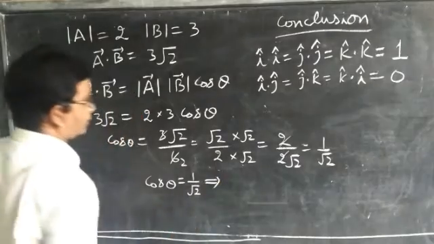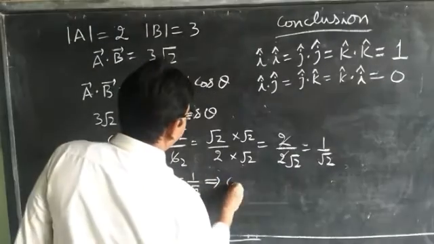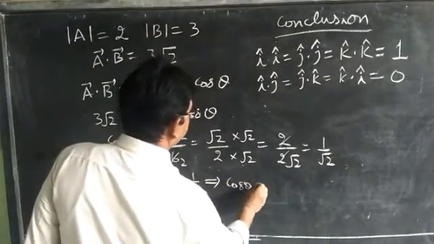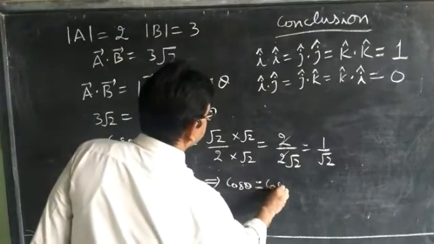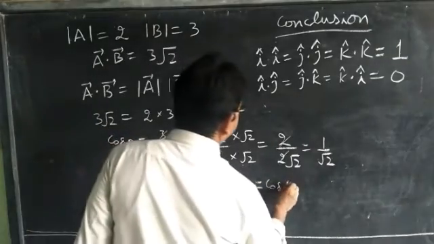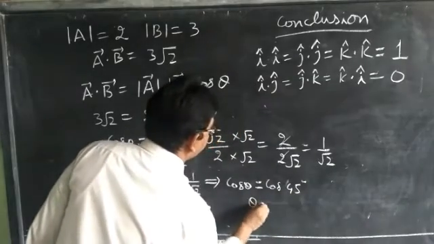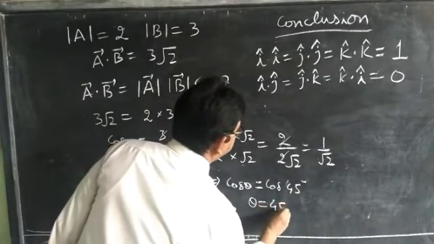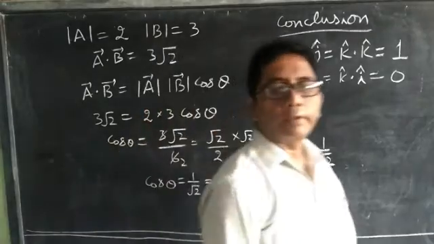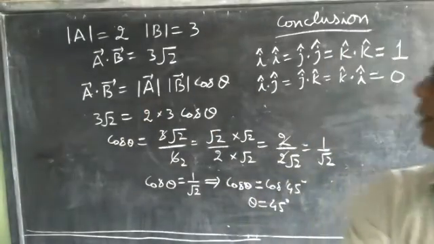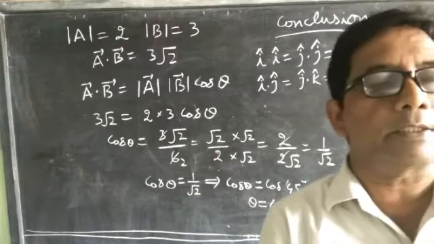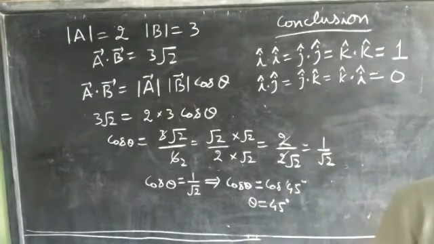This implies cos theta is equal to cos 45 degree, that is theta is equal to 45 degree. Thus we conclude the angle between the two vectors is 45 degree.